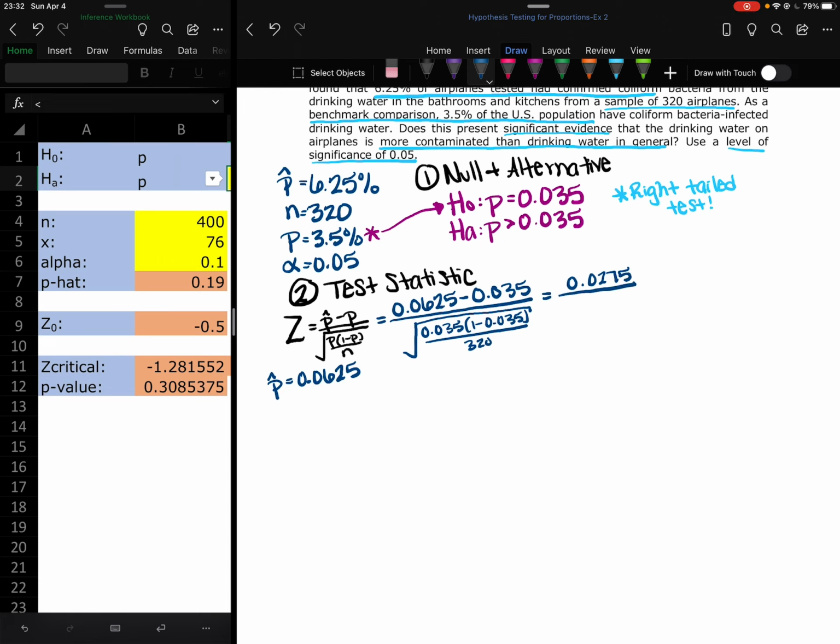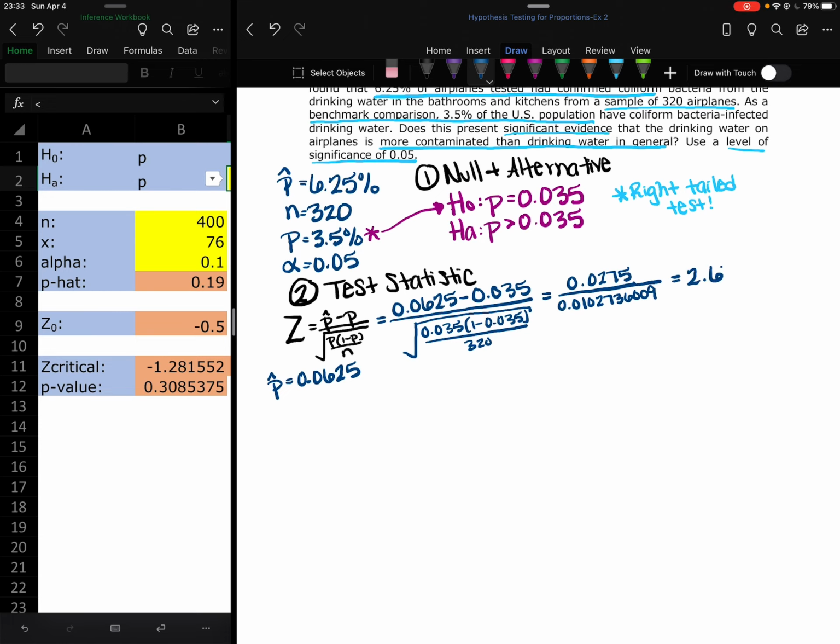and the bottom turns out to be a long number. We want to keep all of those decimals. There we go. Those are all the decimals. And then I'm going to do that division.